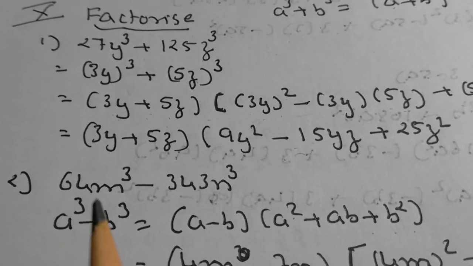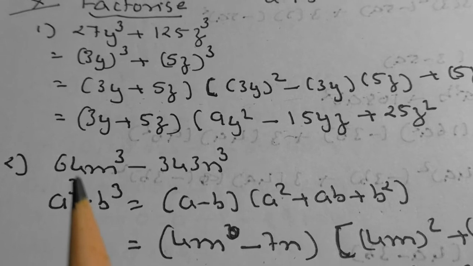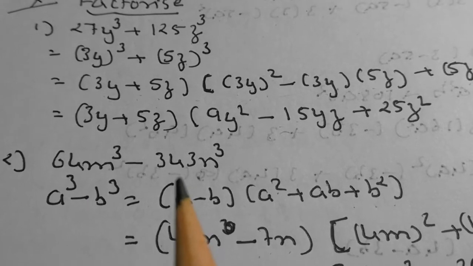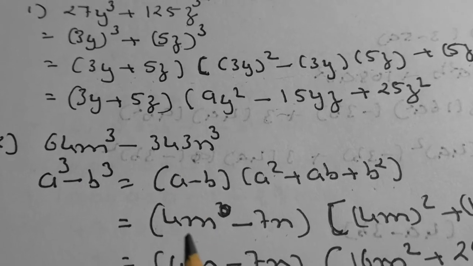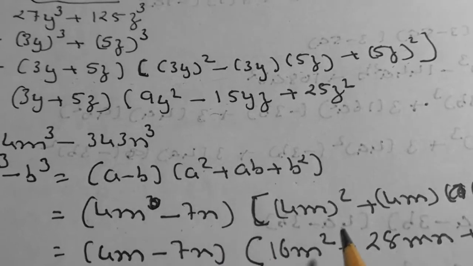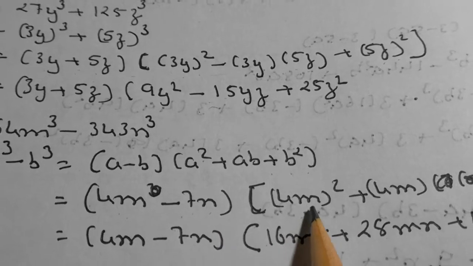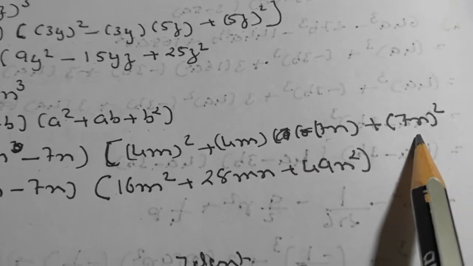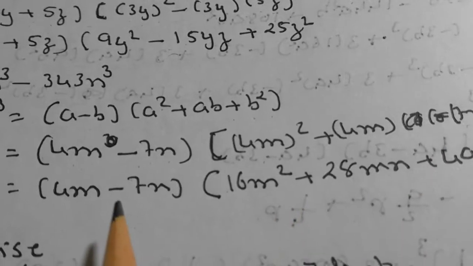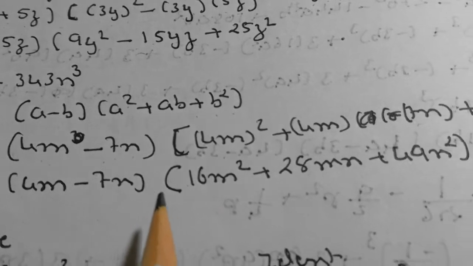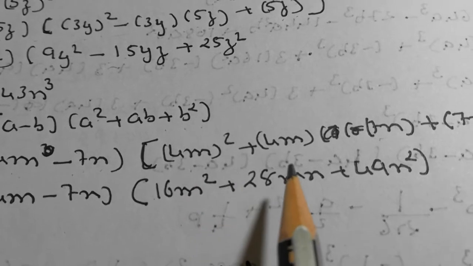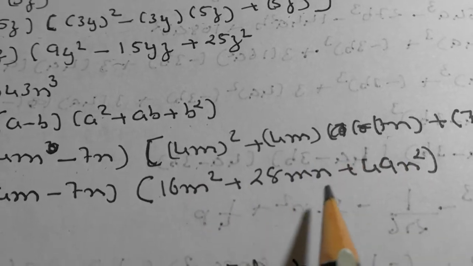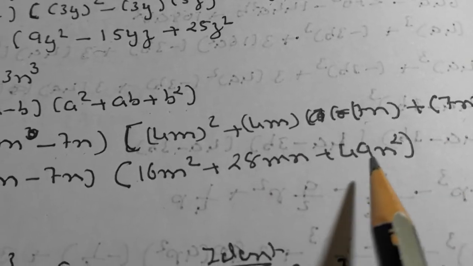The cube root of 64 is 4 and the cube root of 343 is 7. So it is 4m minus 7n. First term square, that is (4m) square, plus first term into second term plus second term square. So 4 square is 16m square, 4 sevens are 28mn, plus 7 square is 49n square.